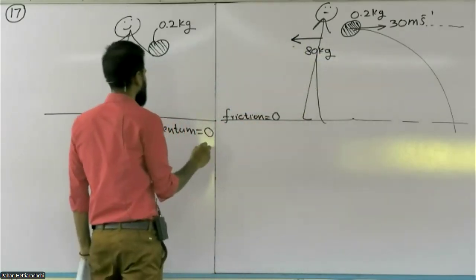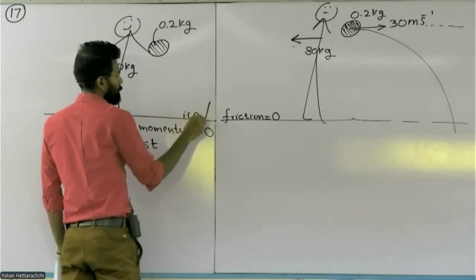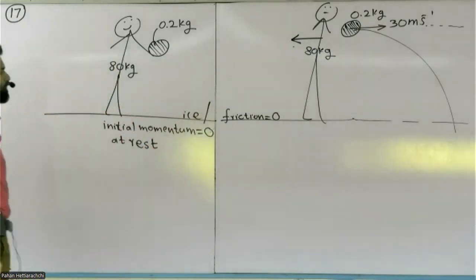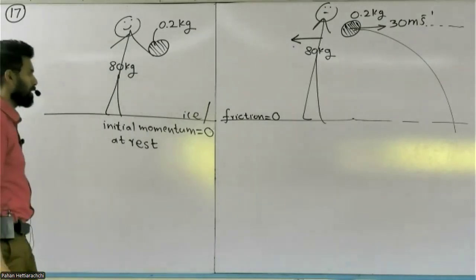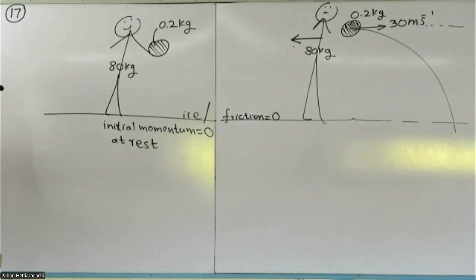Let's say this is an ice surface, then you can see this. If it's a surface with normal friction, you can't see this. Due to the friction, conservation of momentum will not hold. But let's assume that this man is on an ice surface, so the friction from the ground is not available now. So the momentum conservation is valid.